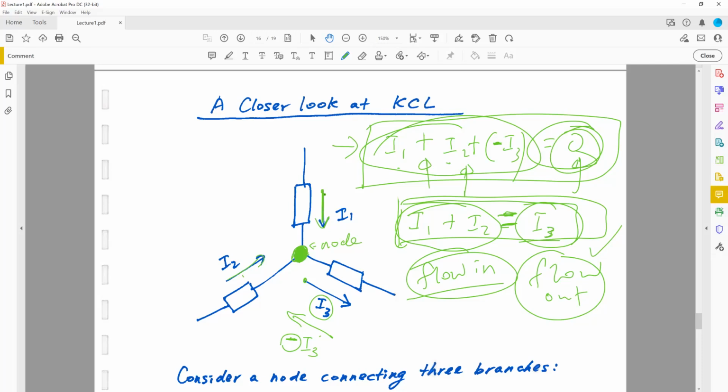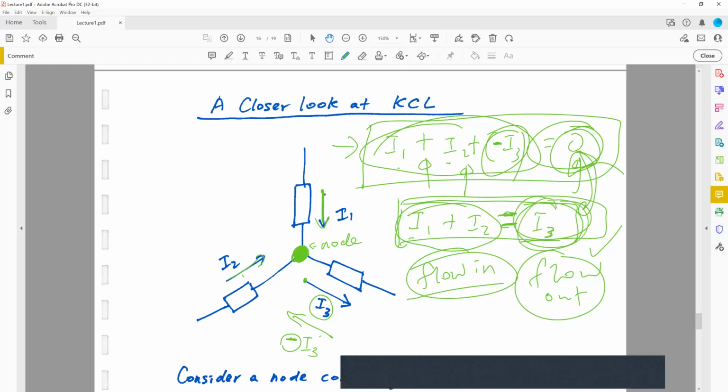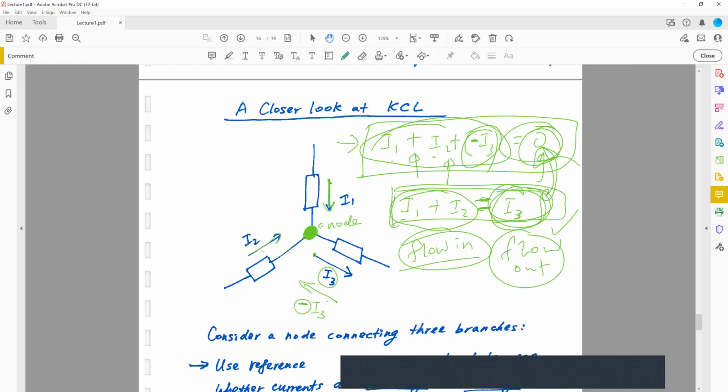They're the same thing, but I'm saying the sum of the currents entering this node has to be balanced by the current leaving the node. Mathematically they are the same. All I did was move negative I3 to the other side to make it positive. It's that simple. This is KCL. It's a law that we follow when we do circuit analysis. That's all.